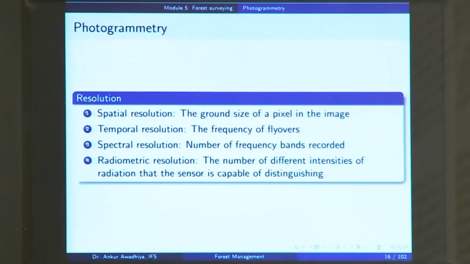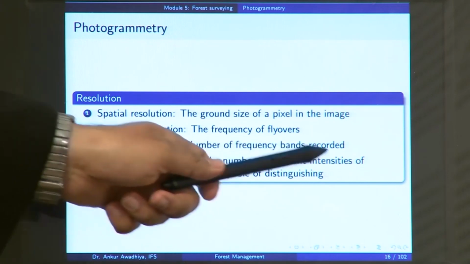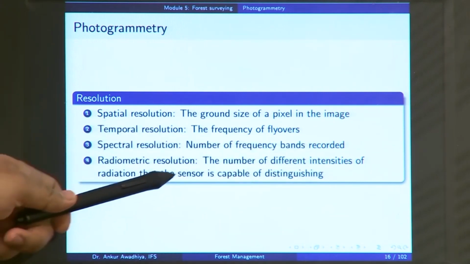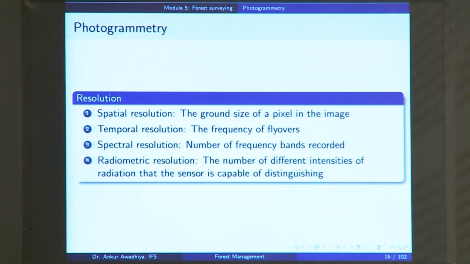So, here what we are saying is what is the number of bits that are there in your image, how much amount of information is there for each and every band. So, that is the radiometric resolution: the number of different intensities of radiation that the sensor is capable of distinguishing. Is it only able to see in a binary fashion, that is black and white, or is it able to see shades of gray?